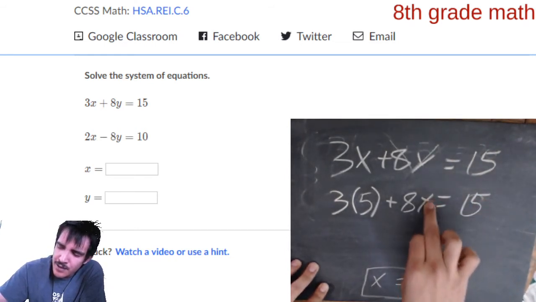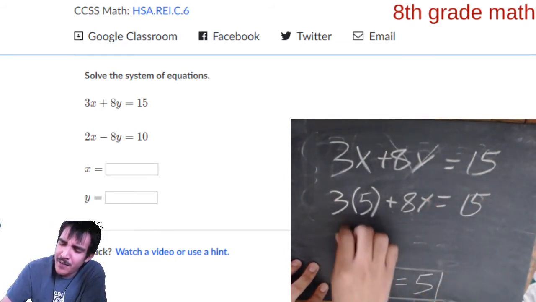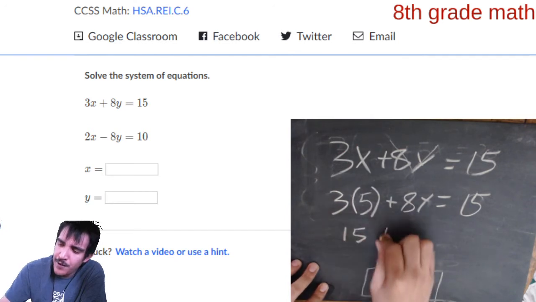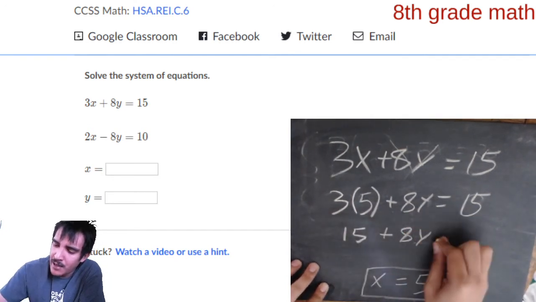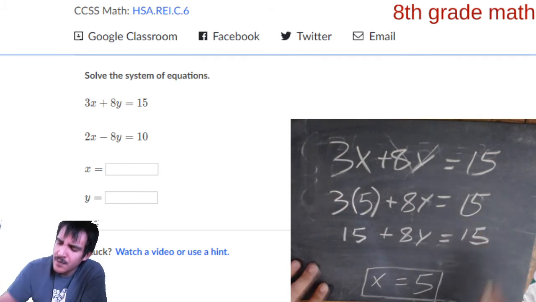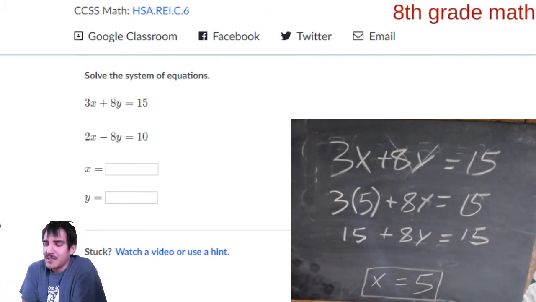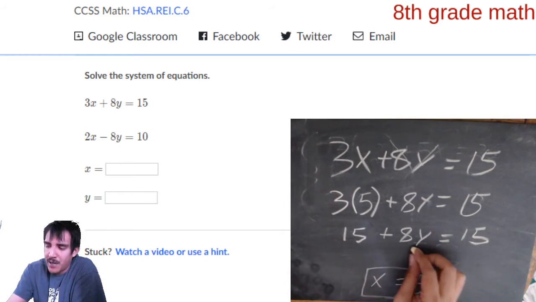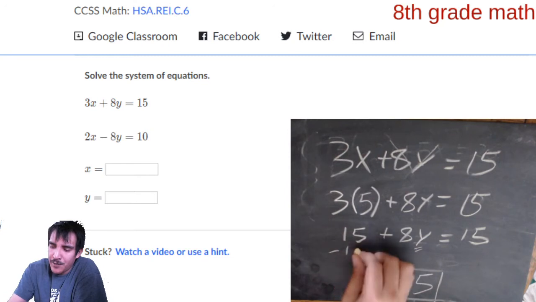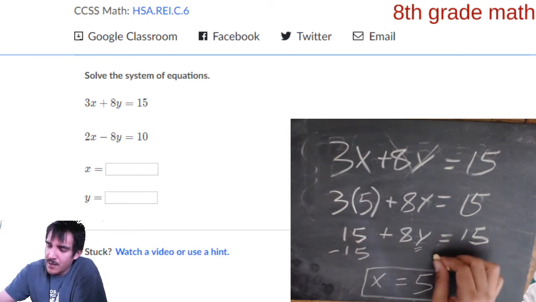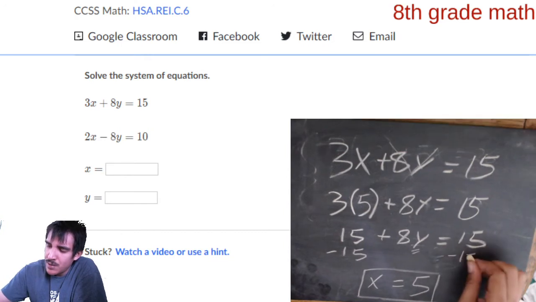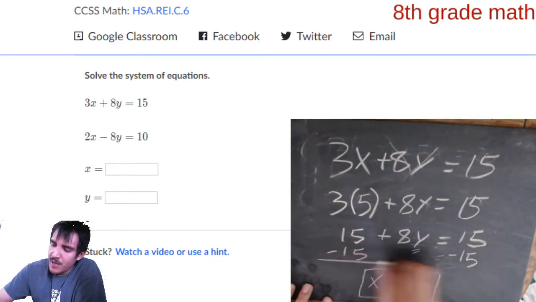Okay. So 3 times 5 equals 15. 15 plus 8y equals 15. Let's see what happens. If you take away 15, because you want to get y by itself, right? Isolate y. So if you take away 15 from each side, let's see what happens.